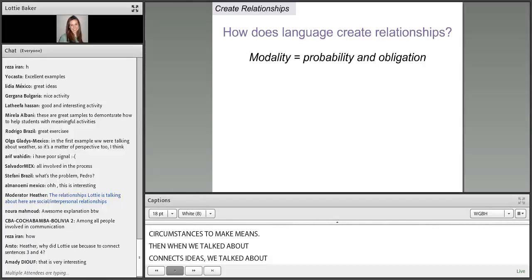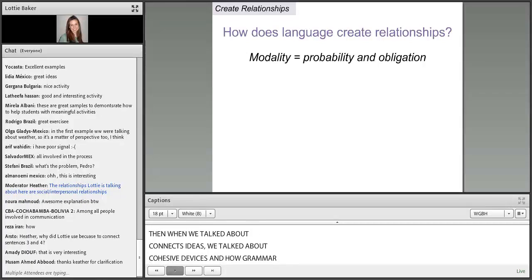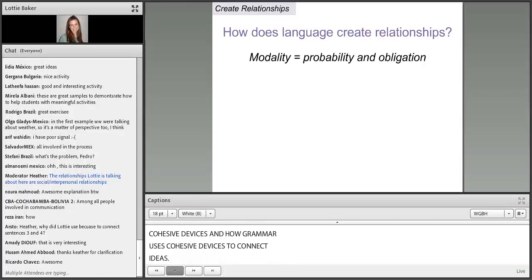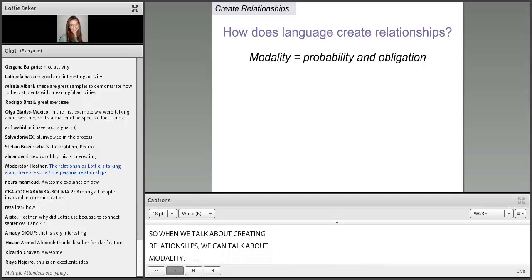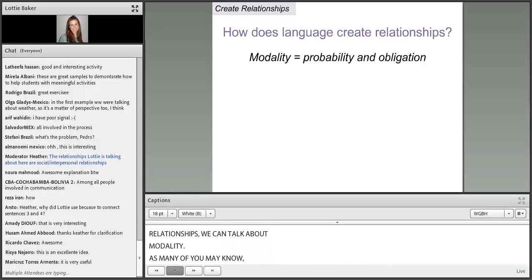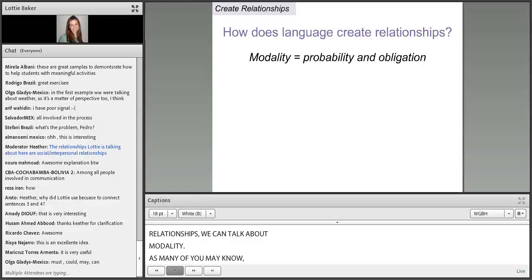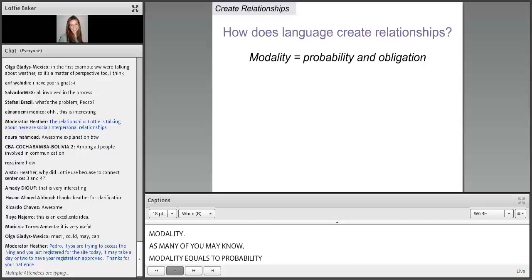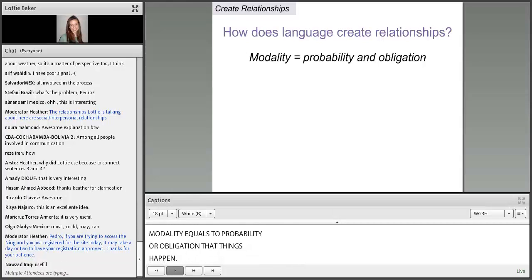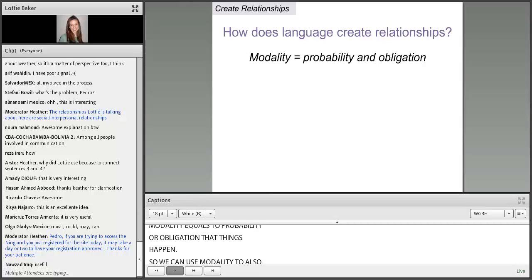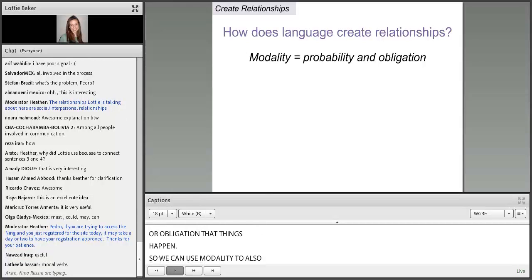When we talk about creating relationships, we can talk about modality. As many of you may know, modality refers to the probability or obligation that things happen. So we can use modality to also create relationships between the listener and the speaker.